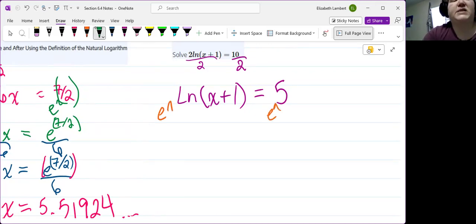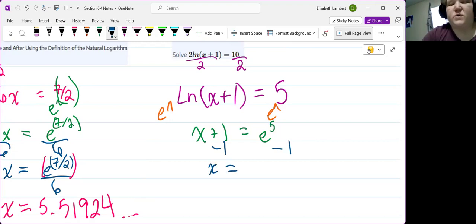And now our e exponential comes into play, cancels out that natural log. So now I have x plus 1 equals e to the 5th, minus 1 from both sides. So x equals e to the 5th minus 1.